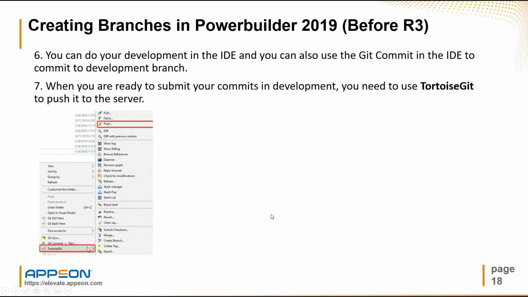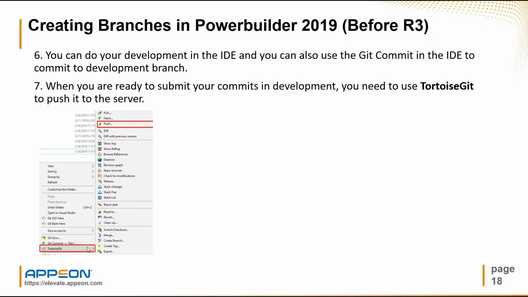You can do your development in the IDE, and you can also use the git commit in the IDE or within PowerBuilder to commit to the development branch. When you're ready to submit your commits in development, you need to use Tortoise Git to push it to the server.